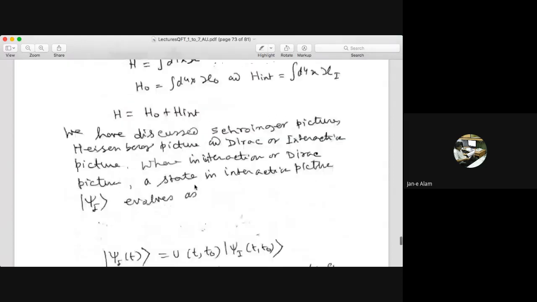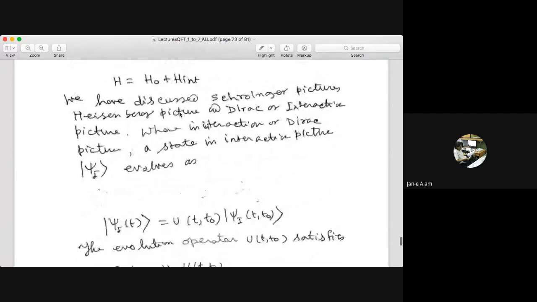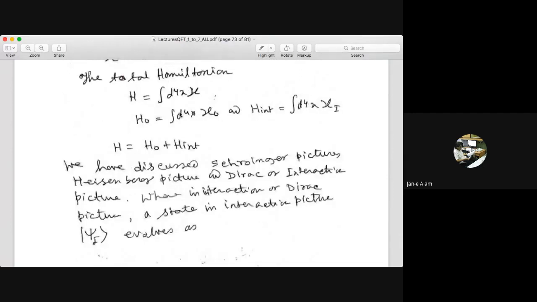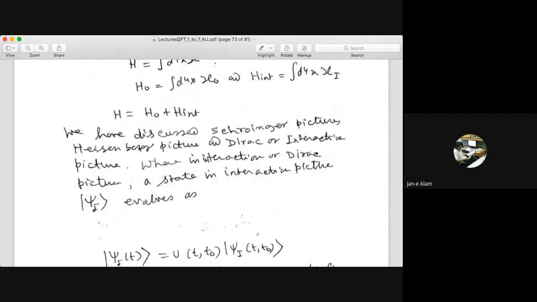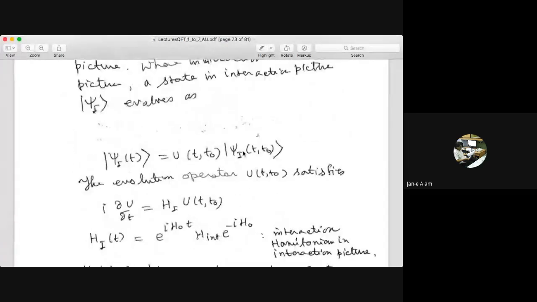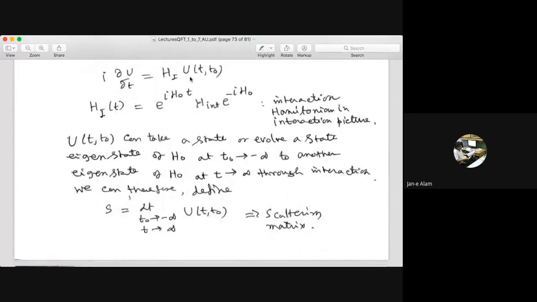We have already discussed three pictures of quantum mechanics, Schrodinger, Heisenberg and Dirac picture, and we said that doing calculation in the interaction or Dirac picture in quantum theory is very convenient. In that picture, a state evolves from time t0 to time t by an operator u, and that u satisfies the equation.